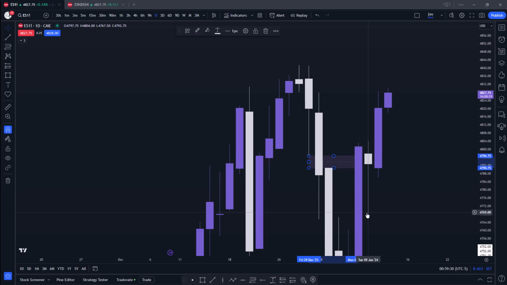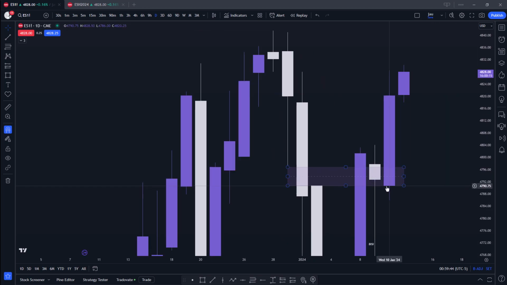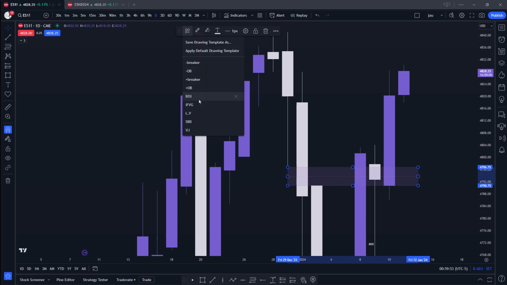We came down all the way to this point, did not test into this the next day, but we did open up the next day and failed. The opening price was here at the perfect low of the fair value gap, making this an inversion fair value gap. So the support that I was talking about to push higher.